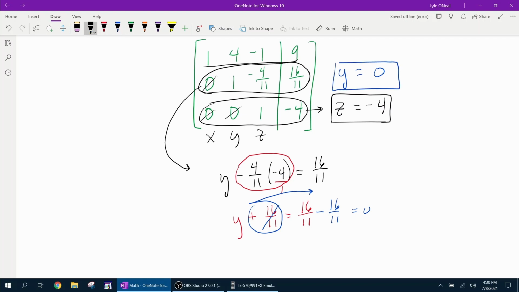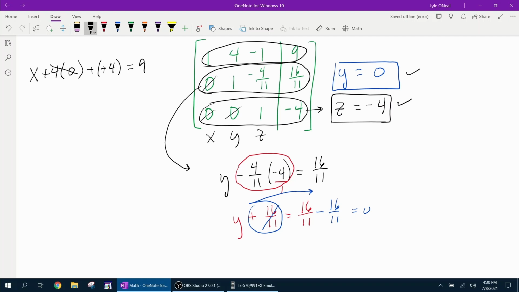And then I'm going to go back up to the top. I'm going to translate that row back into an equation. And I'm going to substitute for y and z. That's going to give me x plus 4y, y is 0, minus z, z's negative 4, equals 9. 4 times 0 is 0, that's gone.